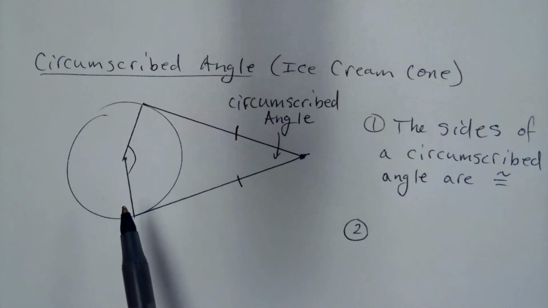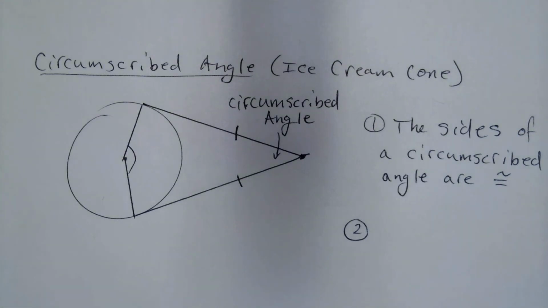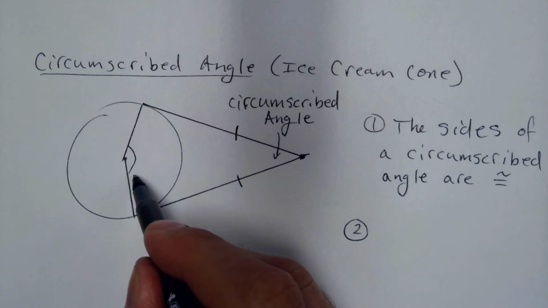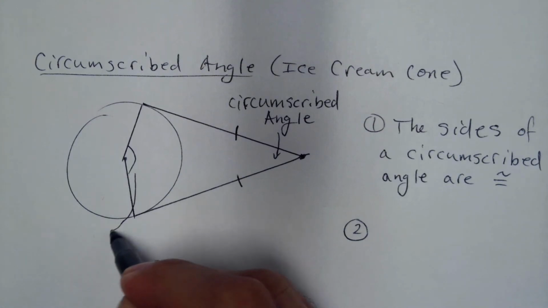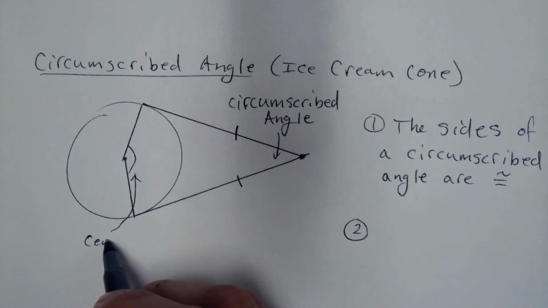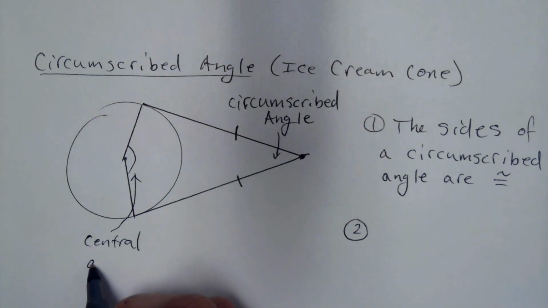Obtuse? It is obtuse, but that's not what I'm looking for. This is called the central angle. But what does that even mean? Well, it's in the angle and it's in the center.